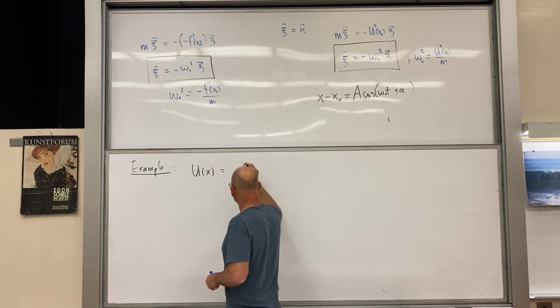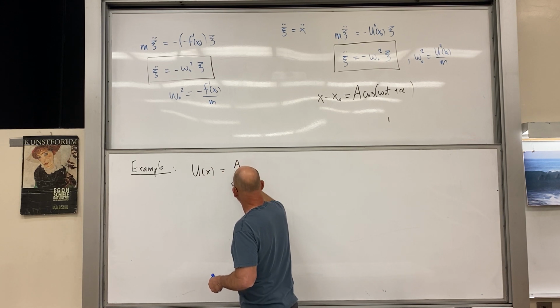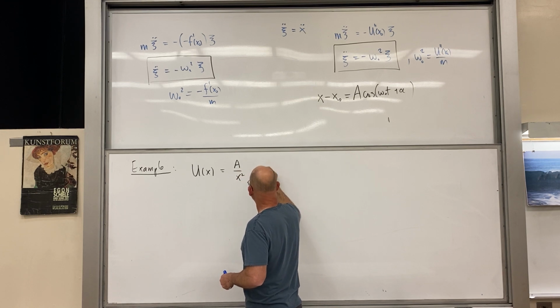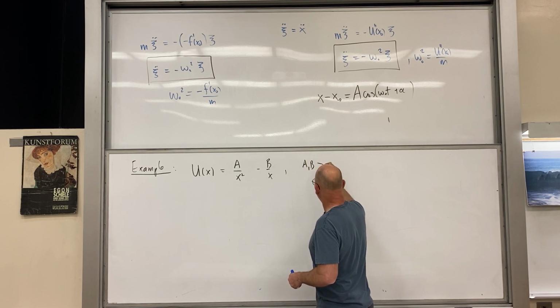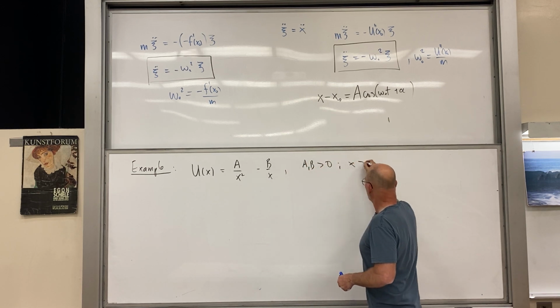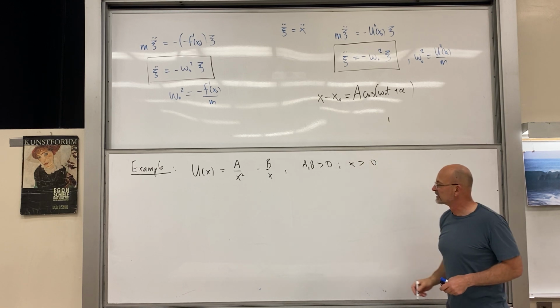U of x is equal to a over x squared minus b over x. And this is a dynamics where a and b are positive and x is also positive. Okay.